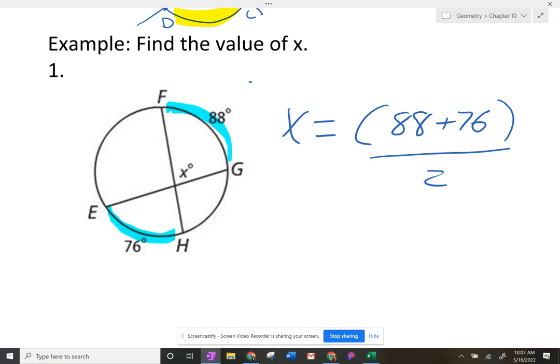88 plus 76, I'll put those ones together. I left my calculator back there. I should have 164. Sound right? Yeah.